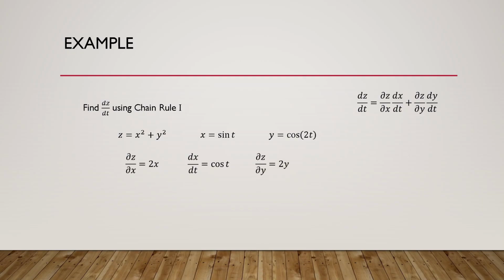The partial derivative dz/dy equals 2y, and dy/dt equals negative 2 sine 2t. Put them together to get dz/dt equals 2x cosine t minus 4y sine 2t. Replace x and y to get 2 sine t cosine t minus 4 cosine 2t times sine 2t.